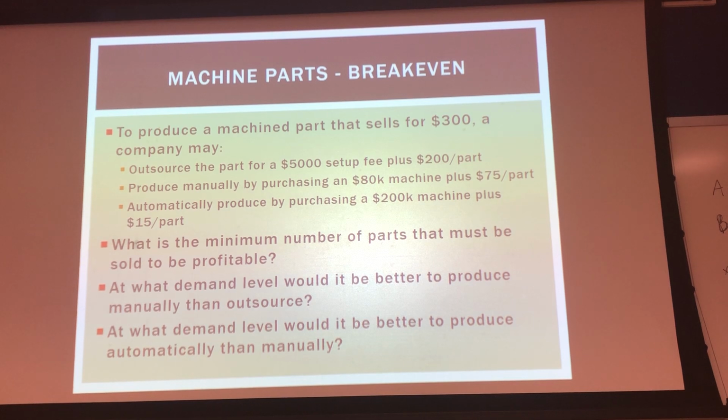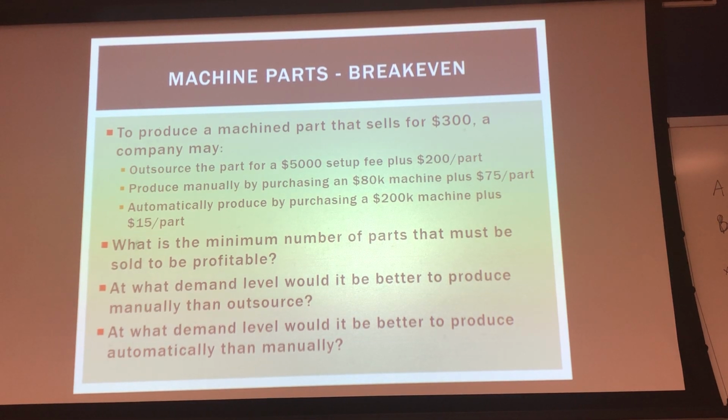Or we could buy a machine that's a little bit more manual, that's an $80,000 machine, so it's kind of expensive, but that would lower our variable cost down to $75 a unit. Or we can buy the super duper fully automated machine. It's very expensive, it's $200,000, but that could get our variable cost all the way down to $15 a part. We're not sure which of these is the best way to go.